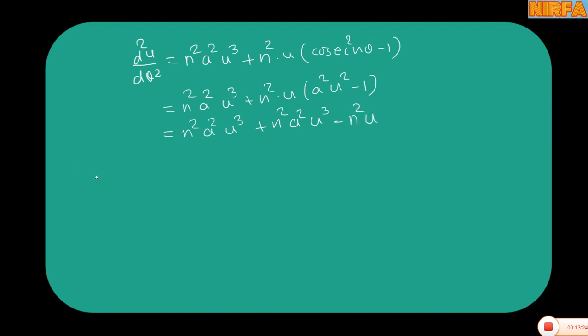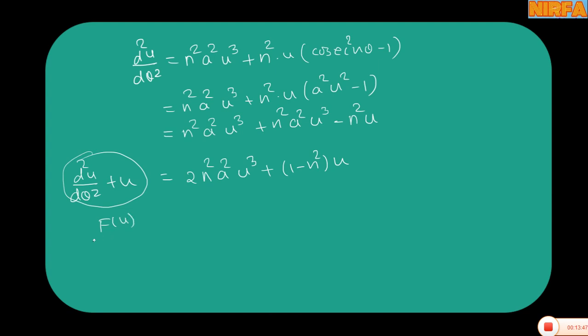Now adding u on both sides, I will get d2u by d theta square plus u is equal to 2 times n square a square u cube, plus 1 minus n square, and u taking as a common. So we know that this term is equivalent to f of u upon h square u square.